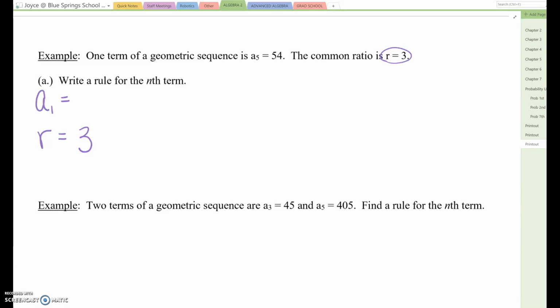Then we can write our rule for the nth term. So if I use the formula, nth term is the first term times the ratio raised to the n minus 1. I know that I don't know my first term yet. I do know that the common ratio is 3.